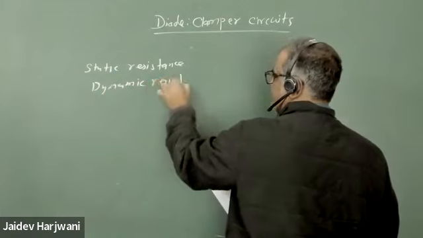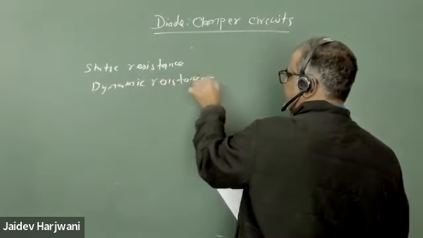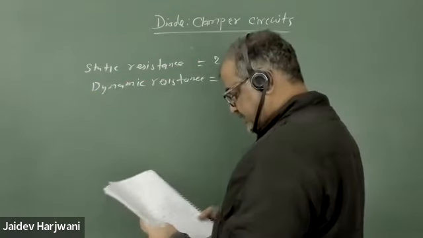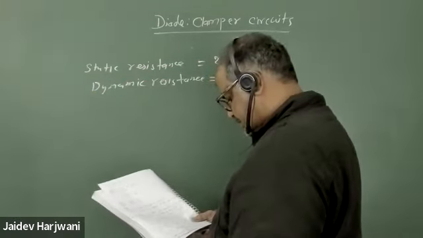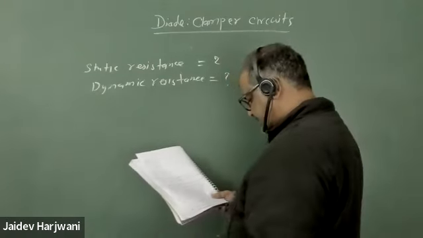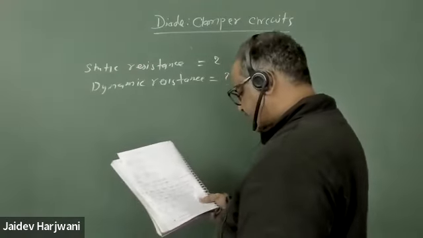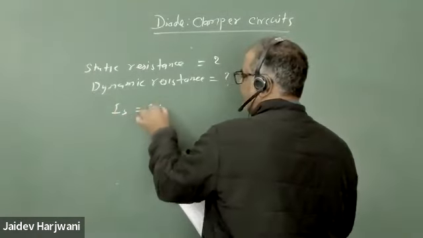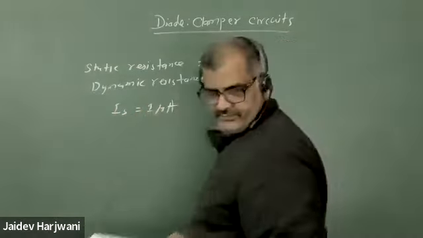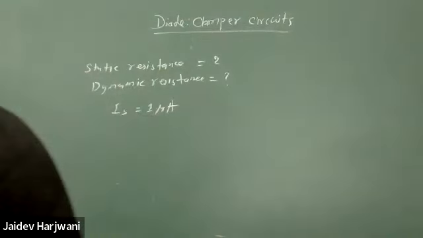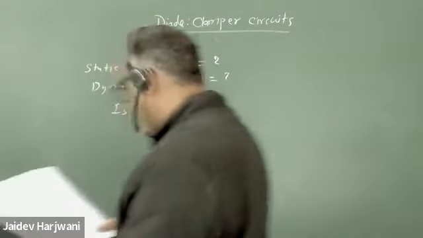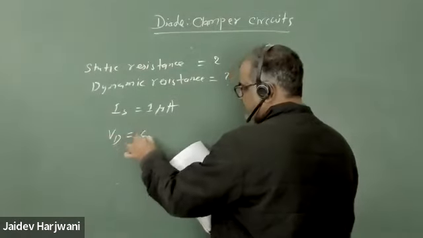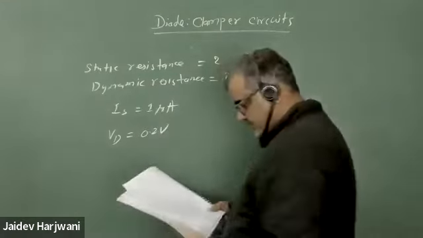For that you have been given a germanium diode, and you have been given reverse saturation current IS equal to 1 microampere, and the forward bias voltage VD is given to you as 0.2 volt.